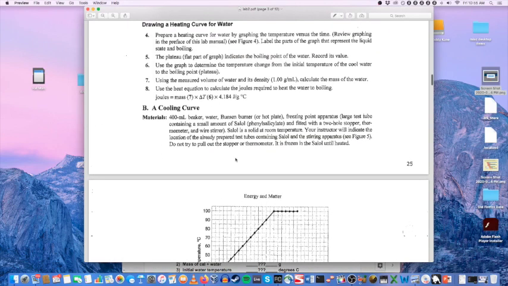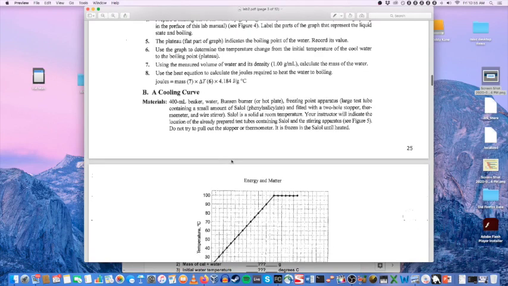Now, part B is the cooling curve. For this one, it's going to be a little bit of a different setup. We have a bigger beaker that's going to be half full of water. We're still using the hot plate, but we're going to have something called the freezing point apparatus, which is a large test tube with a little bit of the compound salol, or phenyl salicylate.